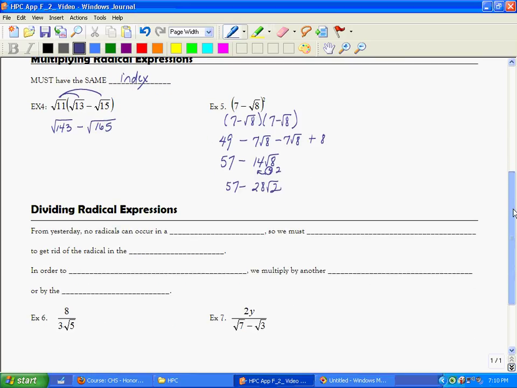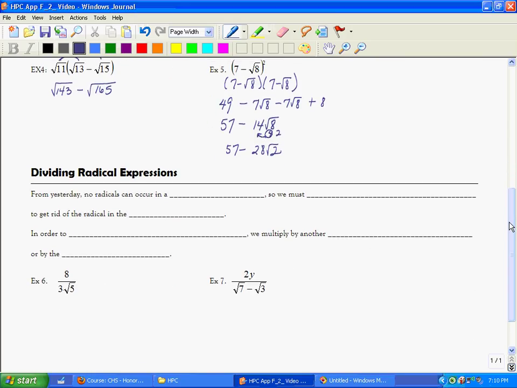When you're dividing rational expressions, from yesterday we realized that no radicals can occur in a denominator. So we must rationalize the denominator, to get rid of the radical in the denominator.